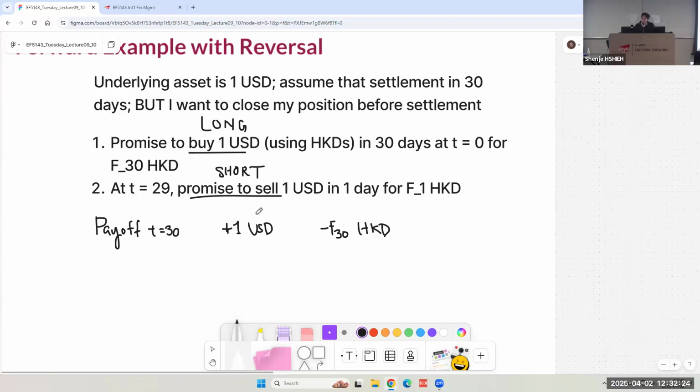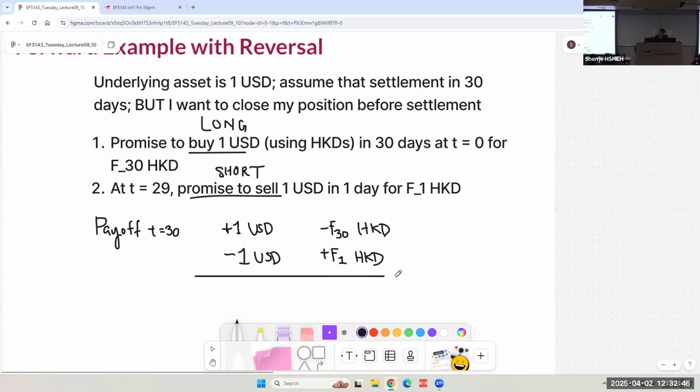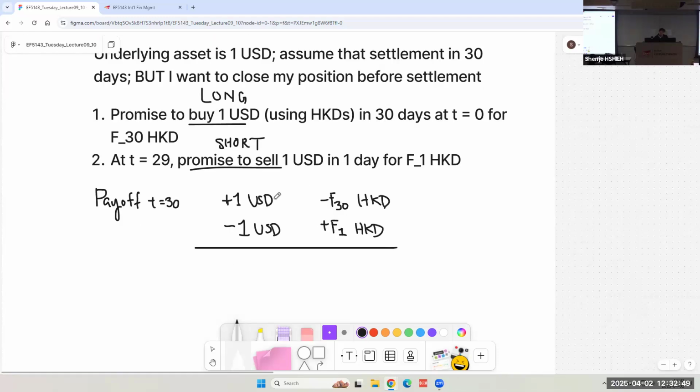The second contract, I will short dollars, which means I will promise to deliver $1 to somebody, and then I will receive F1 HKD. So the total inflow outflow is therefore 0 USD. I don't even touch dollars, but I will get a payment, or I have to pay, F1 minus F30 HKD.